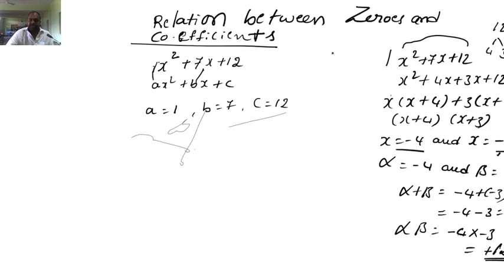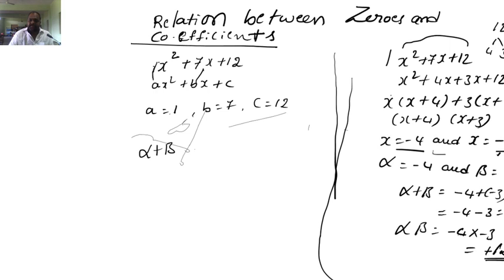So what is the relation between zeros and coefficients? What are the zeros here? Minus 4 and minus 3. These are two zeros. The coefficients are a is equal to 1, b is equal to 7, c is equal to 12. So the sum of the zeros, alpha plus beta, this is for easy understanding purpose.